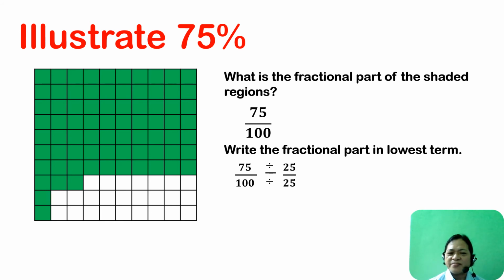Now, let's divide. 75 divided by 25 is equal to 3. And 100 divided by 25 is equal to 4. So 75 over 100 in lowest term is equal to 3/4. Okay? Now, show 75% in another way.